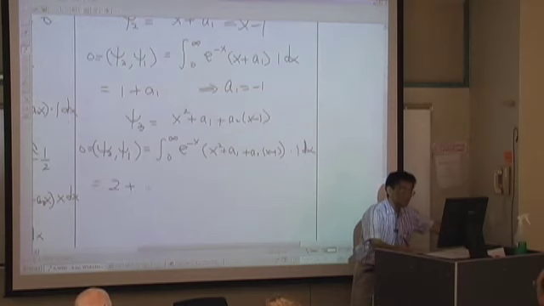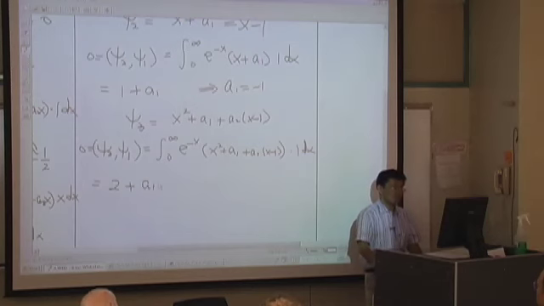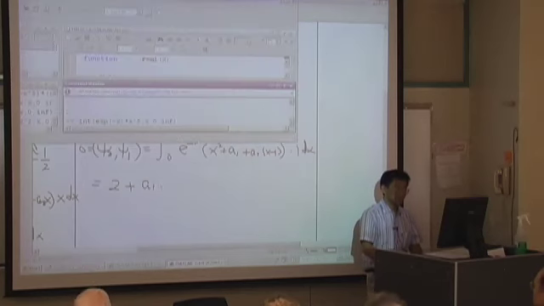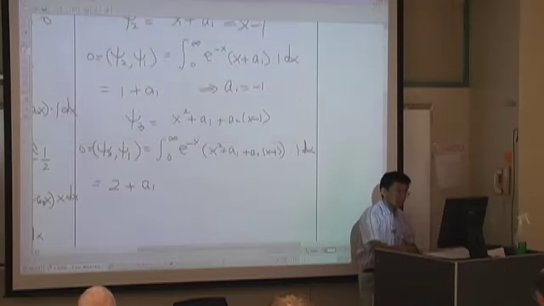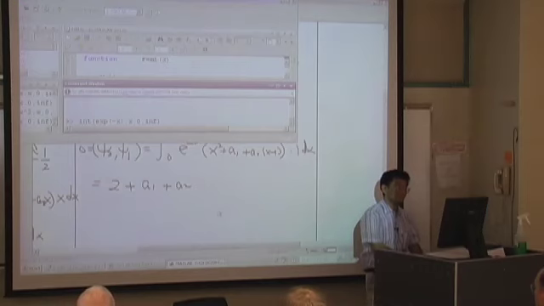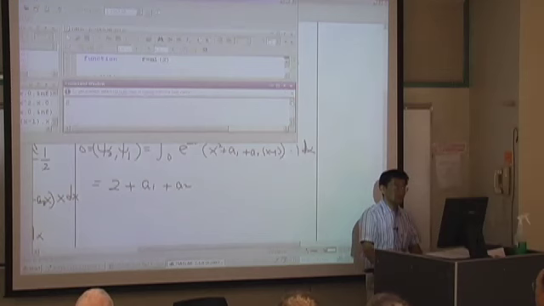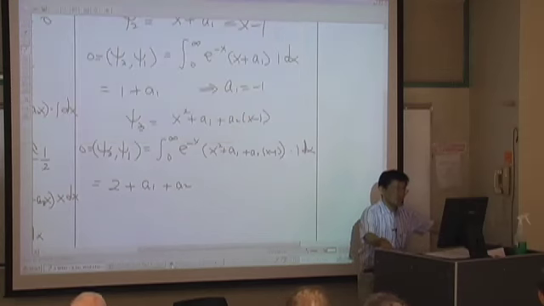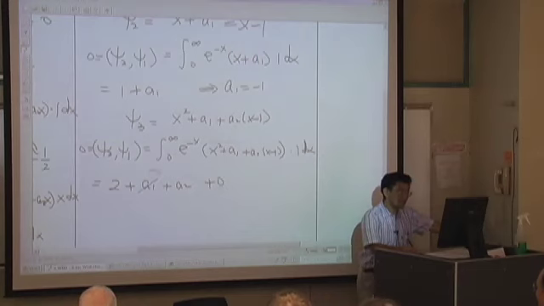The second integral is a1 multiplied by this one, which is 1. And then the next integral is a2 multiplied by x minus 1 multiplied by this one, which is 0. Great. And then we already know it is negative 1, right?